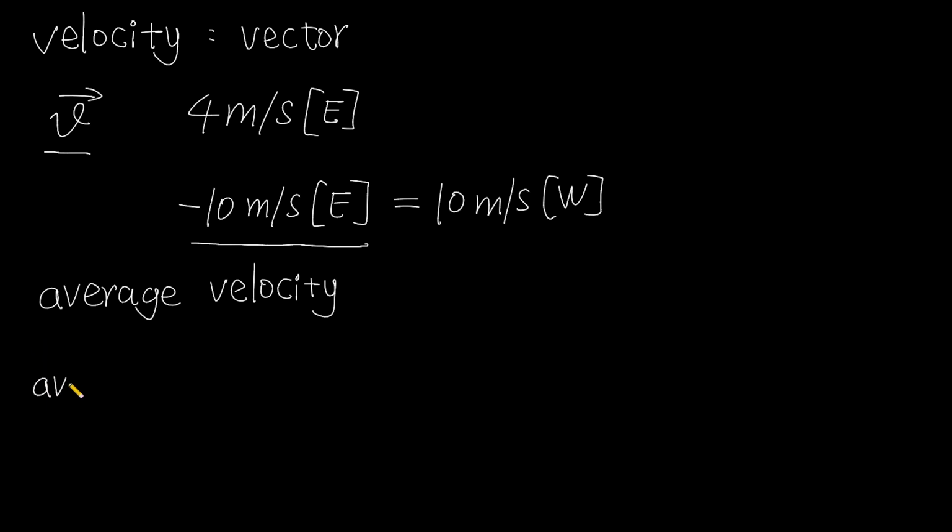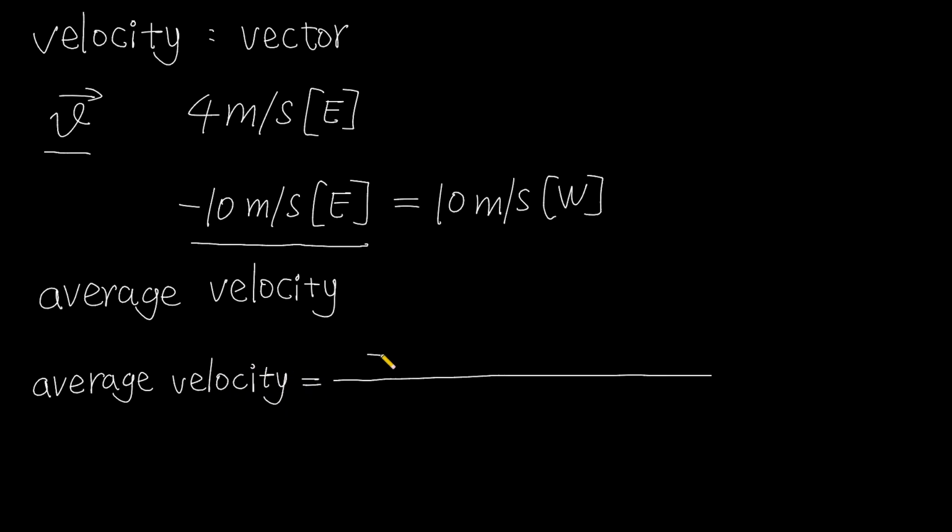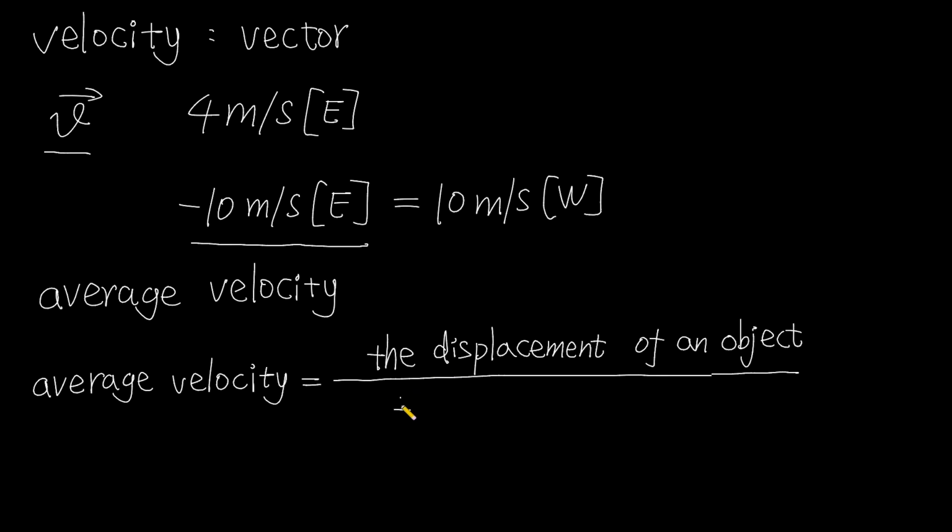The average velocity just equals the displacement of an object divided by the total time to complete the displacement.